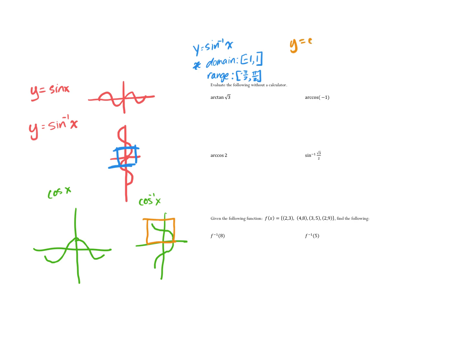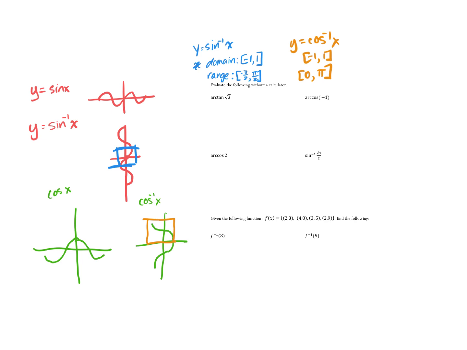Everybody good? Okay, so for cosine inverse, my domain is -1 to 1, but my range is 0 to pi instead. And that will still include every possible kind of result on the unit circle, kind of.